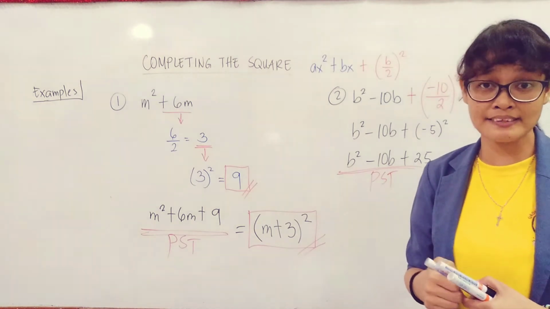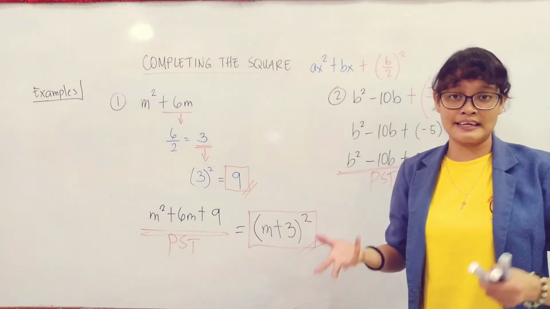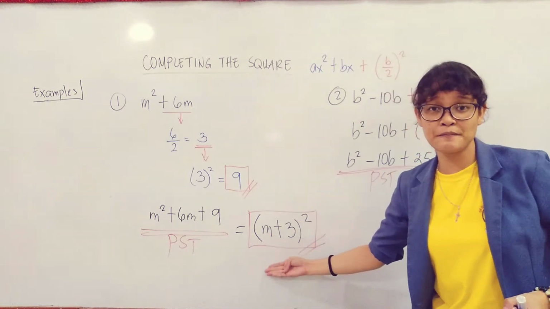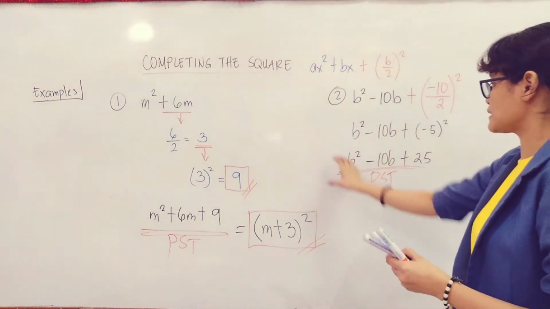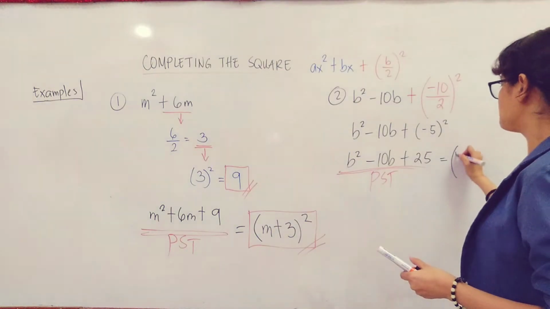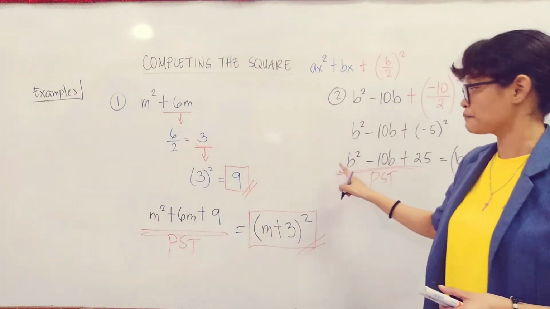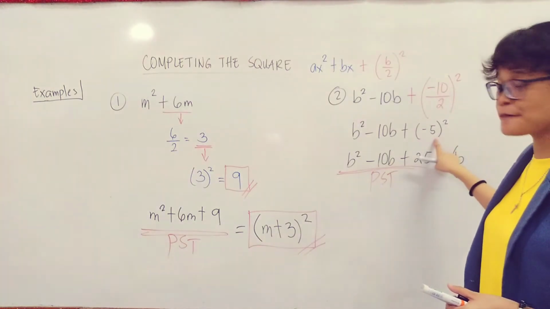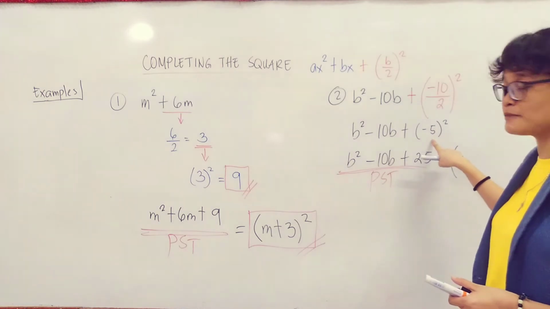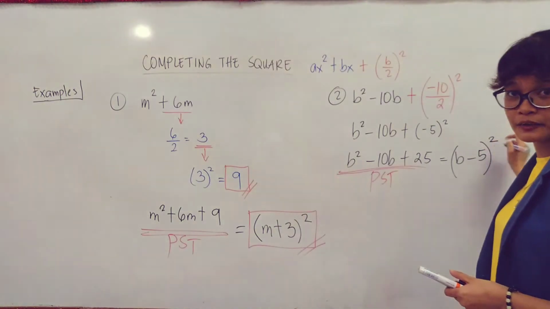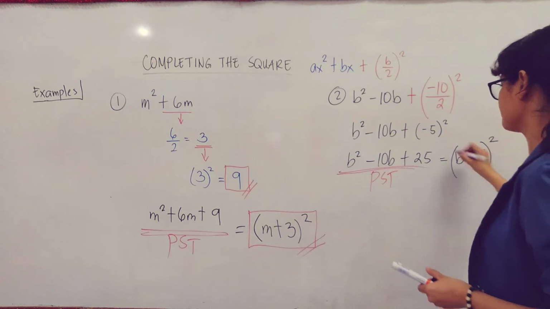And since it is a PST, we can rewrite it in its factored form, which is the squaring of binomial form. Ibig sabihin this trinomial is simply equal to b, kasi ito yung variable natin, b and half of negative 10 is negative 5. So you're going to write here b minus 5 squared. Do not forget the exponent 2.